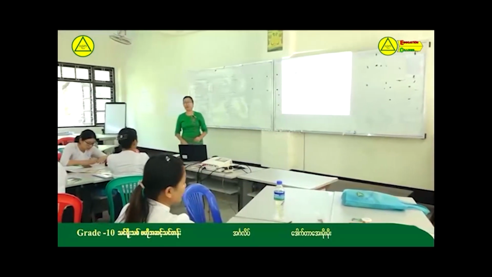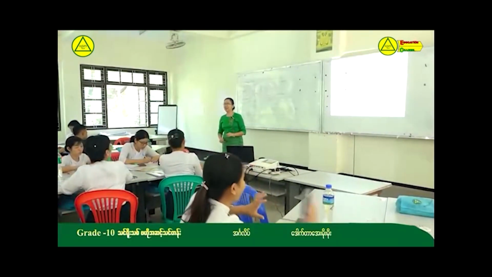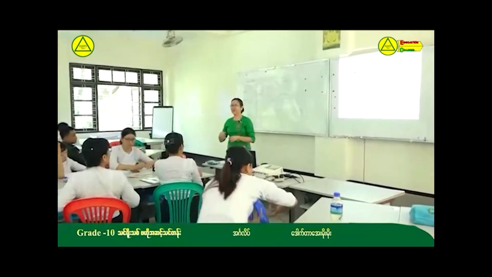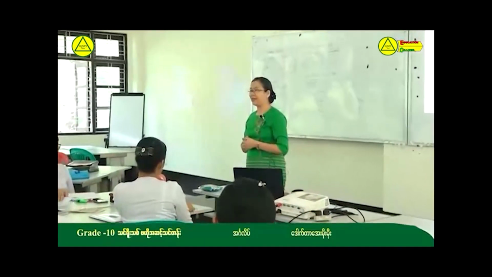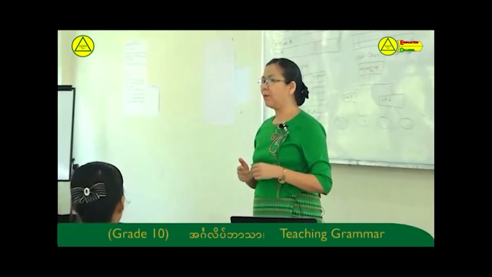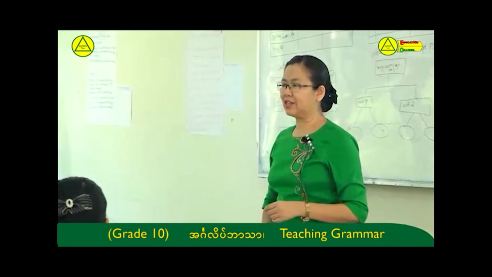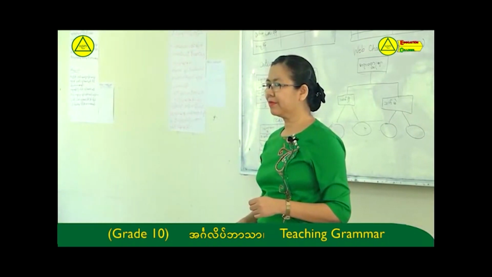Today we are going to continue with teaching grammar. According to the content, we are going to revise what we have done. Review. How many items or patterns are given in the content of your textbook in grammar altogether?